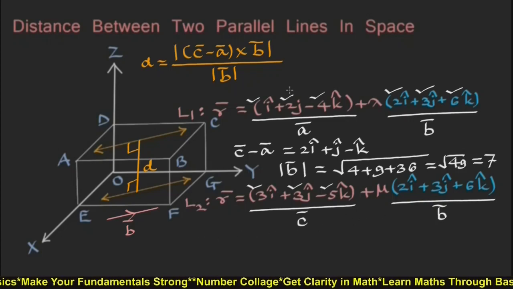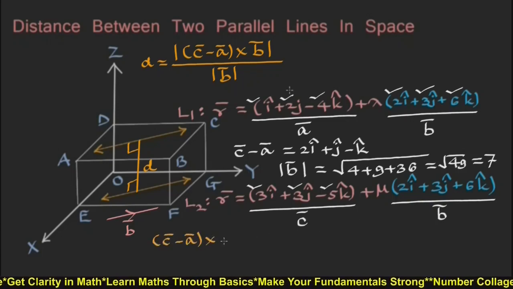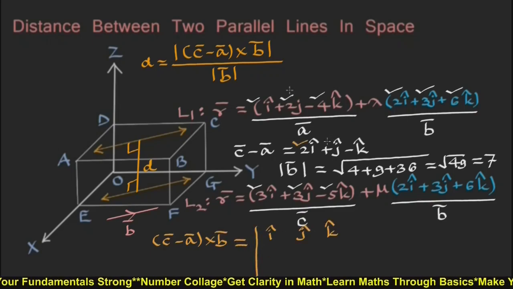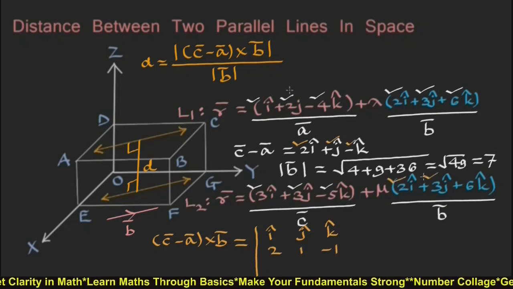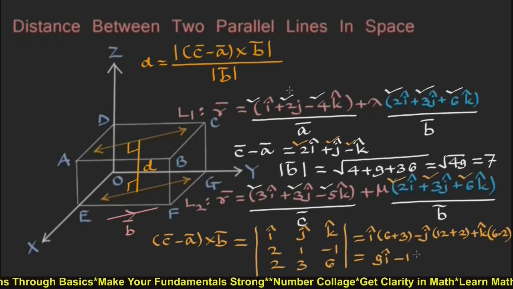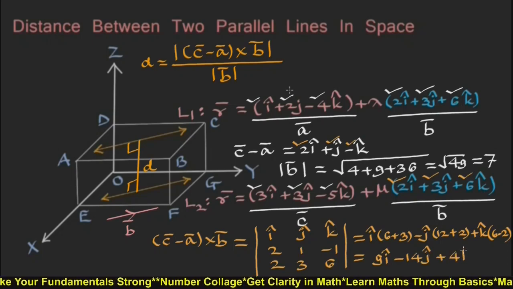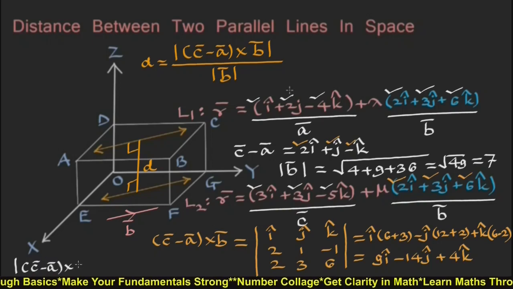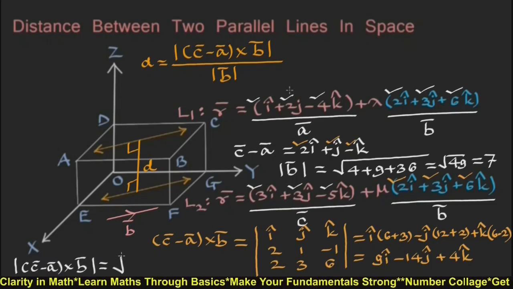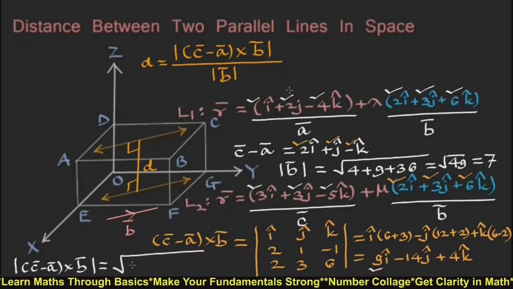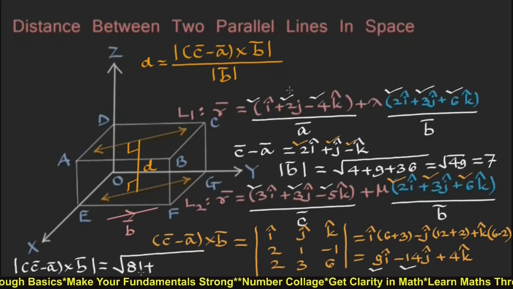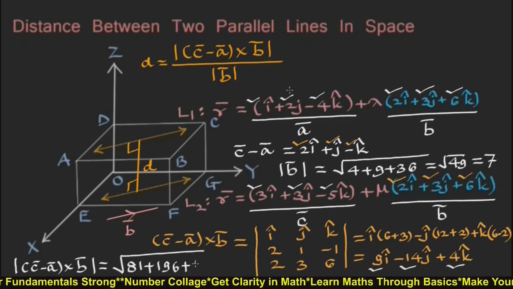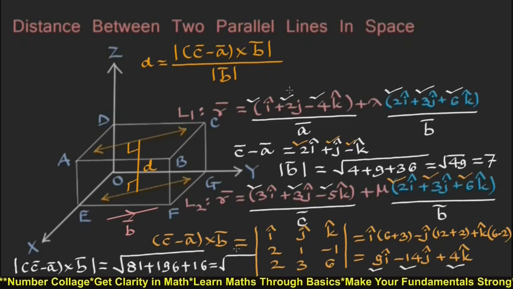Next we have to find c bar minus a bar cross b bar, that will be determinant i j k, 2 1 minus 1, 2 3 6, 9 i cap minus 14 j cap plus 4 k cap. Next we find mod c bar minus a bar cross b bar, which will be square root this 9 square 81 plus this minus 14 square 196 plus this 4 square 16, which will be square root 293.